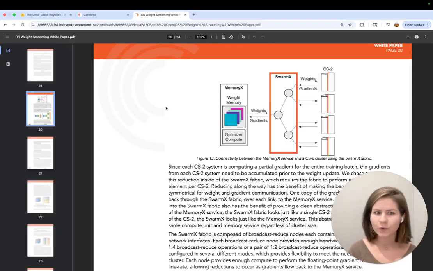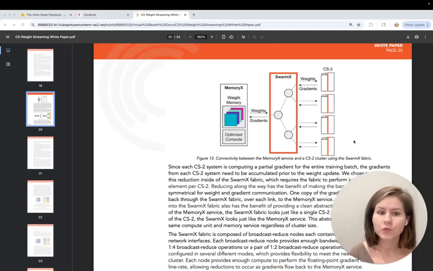So you see where I'm going with this? We essentially can train trillion parameter models with a single CS3 machine without expert parallelism or any other type of model parallelism. But just because it's possible to fit huge models on a single CS3 machine doesn't mean it's going to train efficiently.